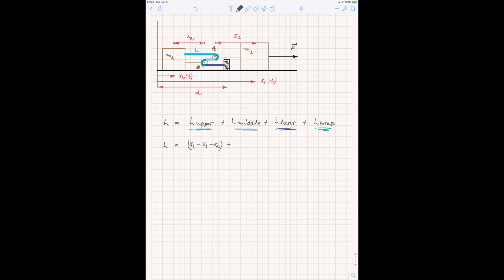So the lower section is therefore d minus x2 minus s2.